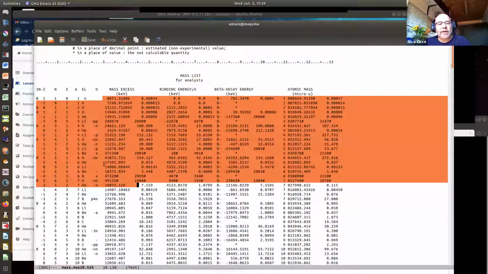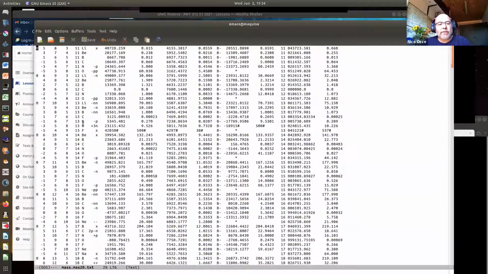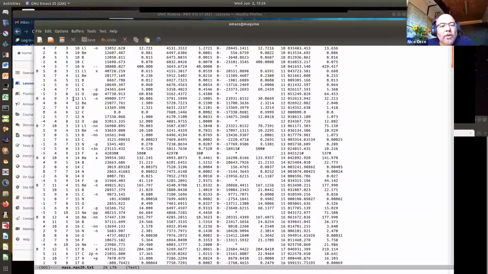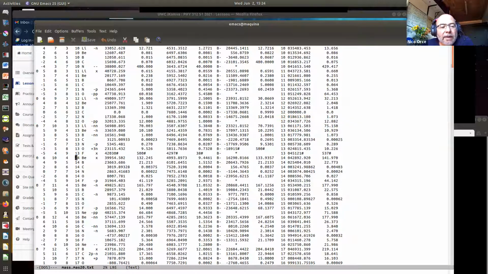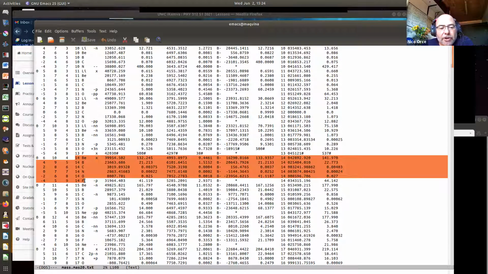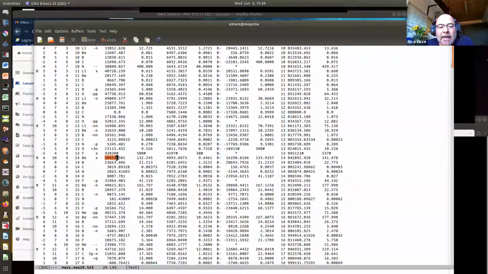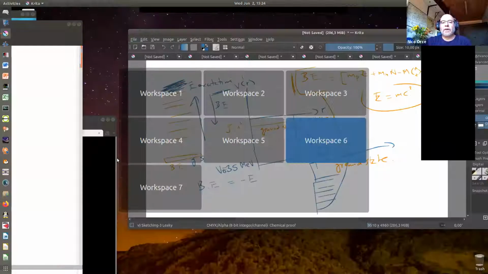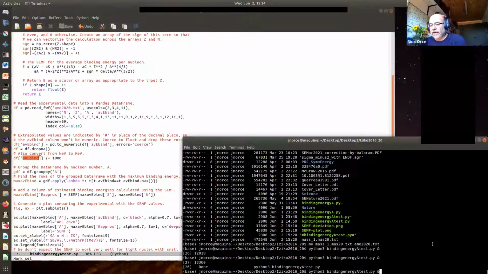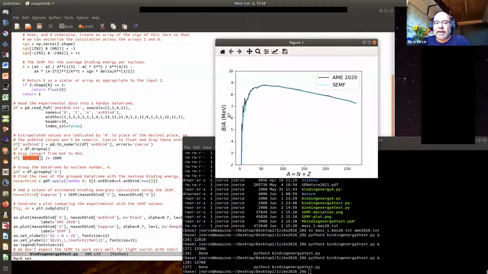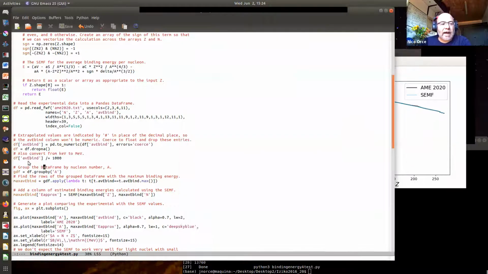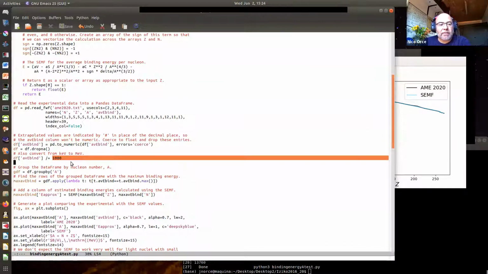For each A, for instance for 12, we add all these 12s; for 14, we add all these 14s and make an average. Because these are in keV, we divide by 1,000 to put them in MeV, because our final plot is given in MeV, but the mass evaluation is given in keV. That's why you make the average here and divide by 1,000.